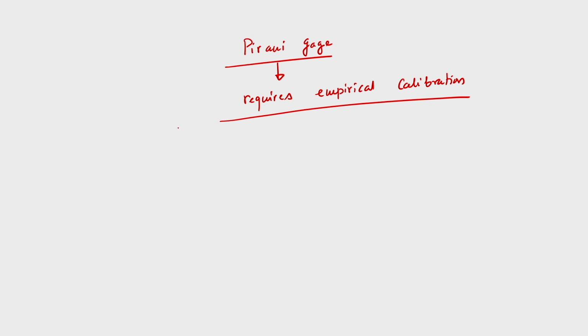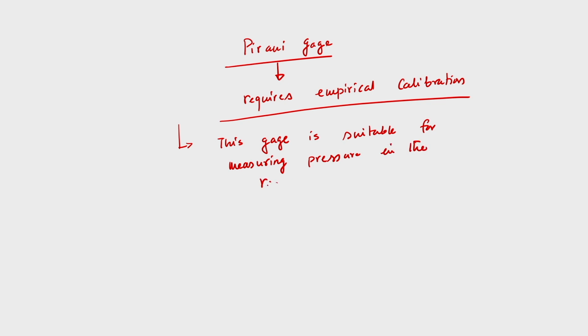This gauge is suitable for measuring pressure in the range from 0.1 to 100 Pascal, and that requires empirical calibration.